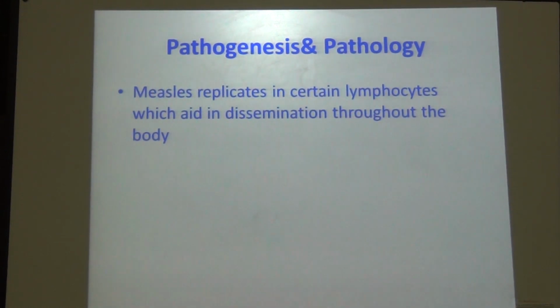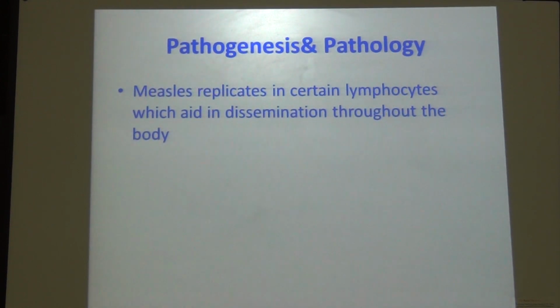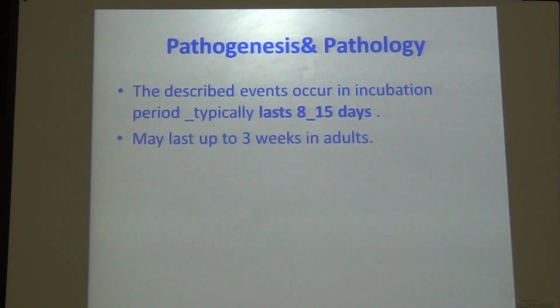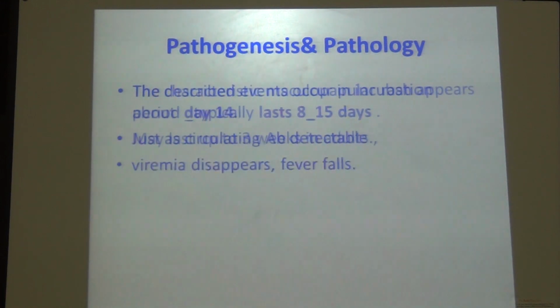Measles replicates in certain lymphocytes which aid in dissemination throughout the body. So one of the causes of dissemination is through the lymphocytes. All of these events occur in the incubation period, which typically lasts 8 to 15 days, and sometimes it may last up to 3 weeks in adults.